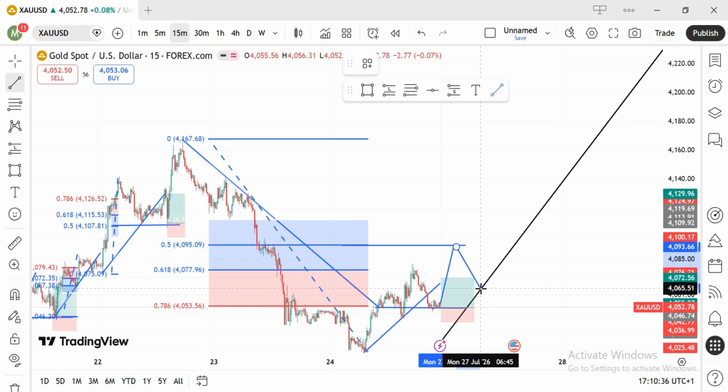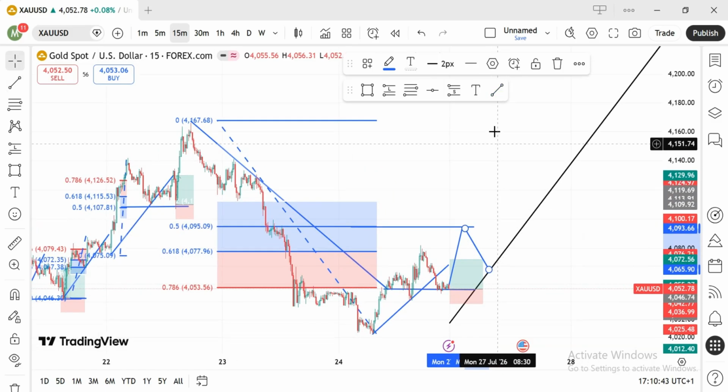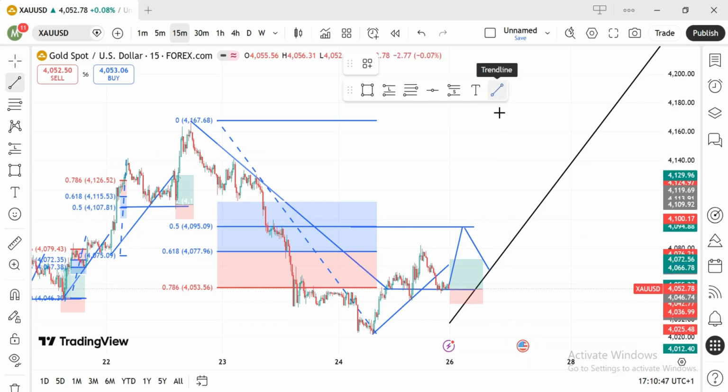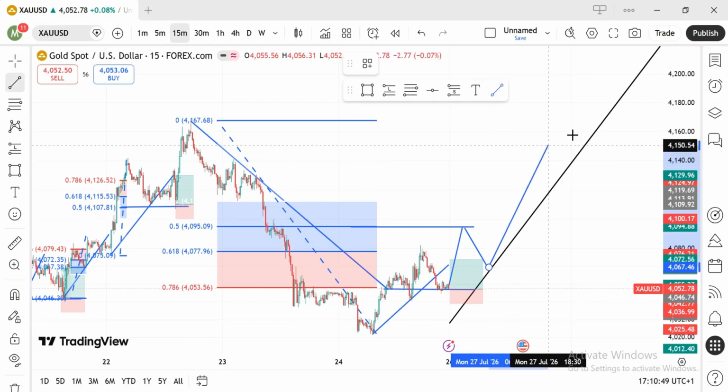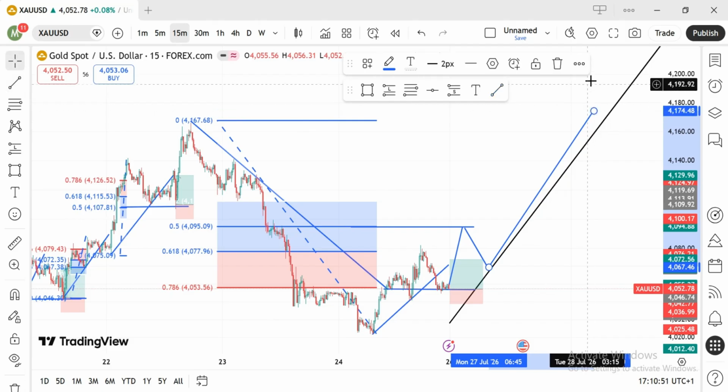Remember, we're in a pullback phase in the 4 hour trend line. It might get to here, then it will continue the bullish trend to go and test the 4-hour trend line. Then either it will break it, retest and continue, or it will touch it, then continue the bearish trend.